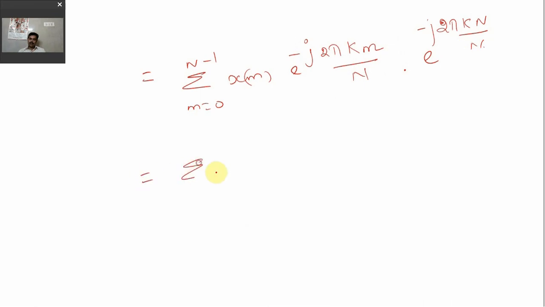So what you will be getting? Summation of m equal to 0 to N minus 1, x of m into e to the power minus... Here please listen, what we have to multiply.